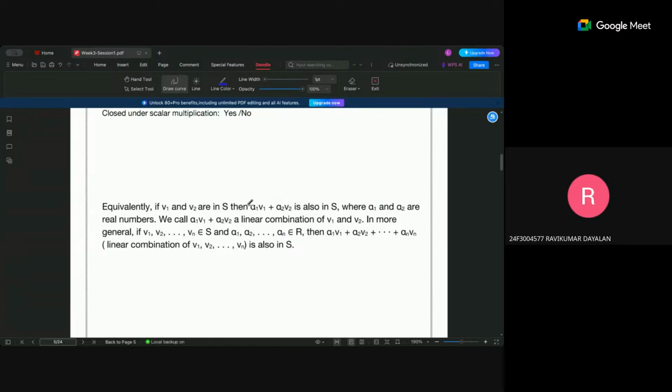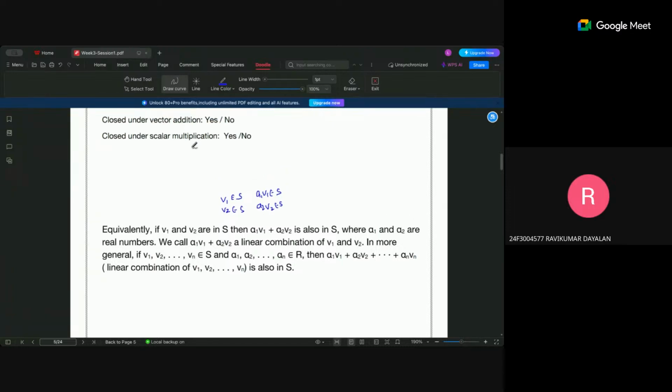Do you see how we got this? v1 belongs to S, so we know that a1 v1 belongs to S. v2 belongs to S, so we know that a2 v2 belongs to S according to scalar multiplication. Since we are assuming both vector addition and scalar multiplication, I am assuming that S is closed under addition and scalar multiplication.